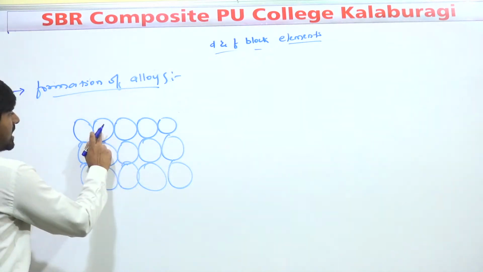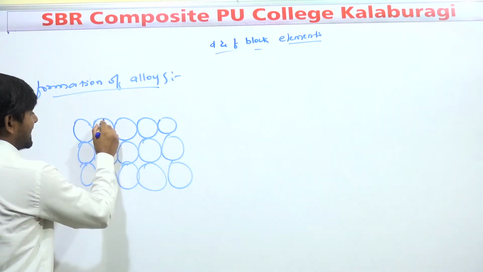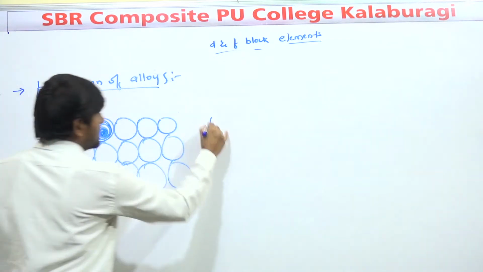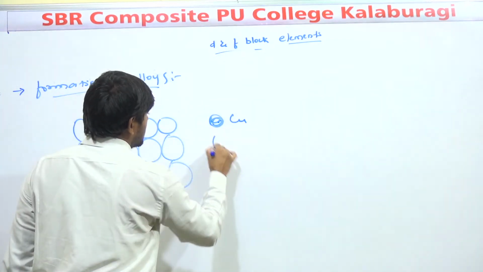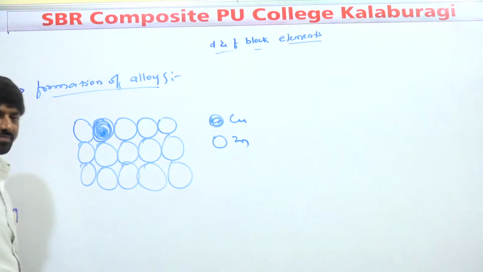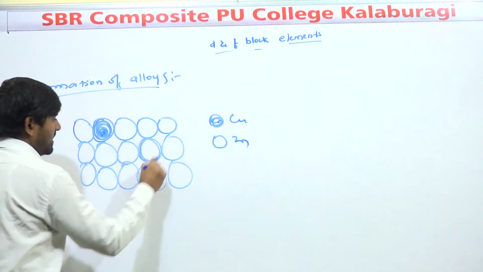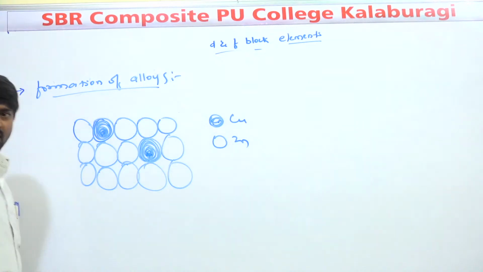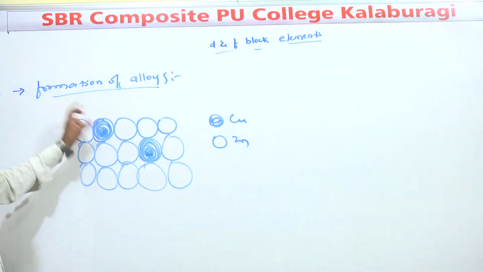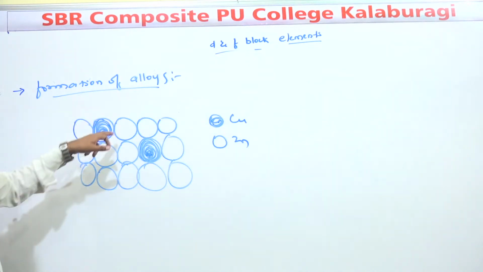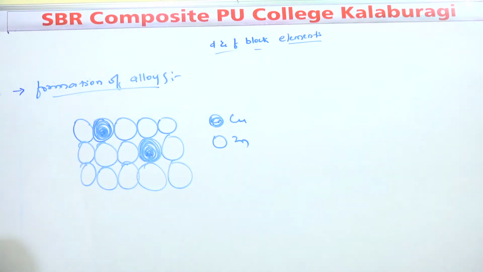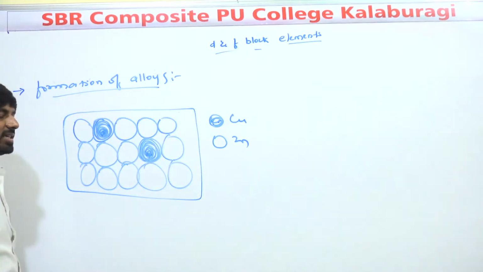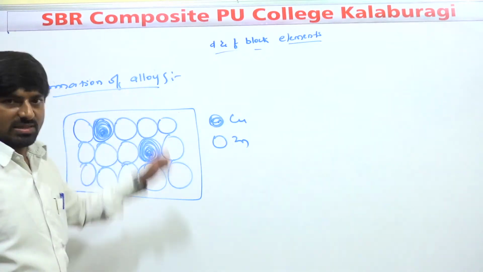Consider I replaced this atom by copper. This means copper, this means zinc. Somewhere in between, I have mixed copper. I am removing a zinc atom and in place of it, I am placing copper. By doing this, the new product that I get is called an alloy.